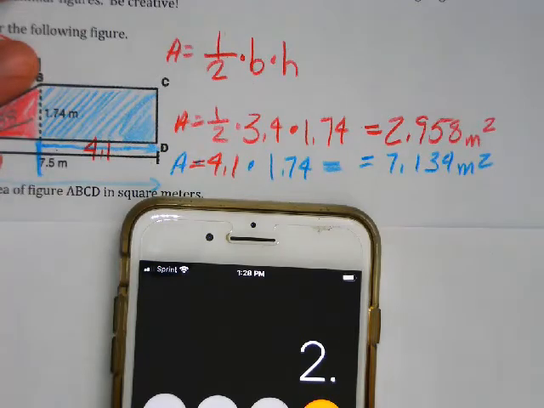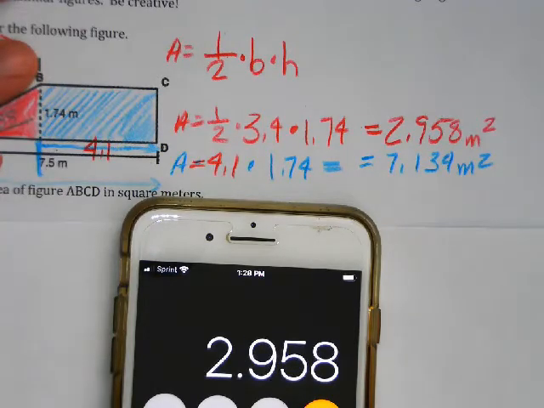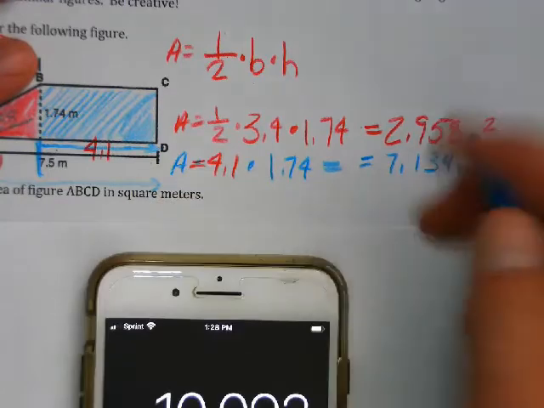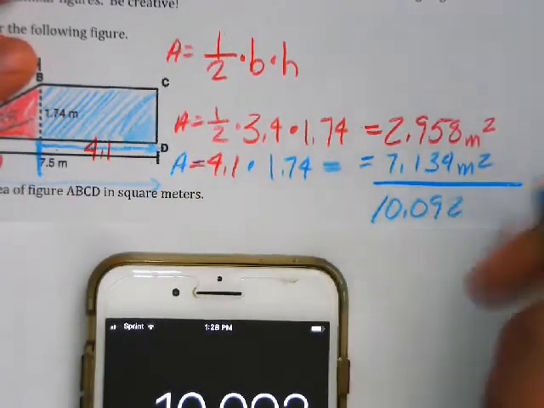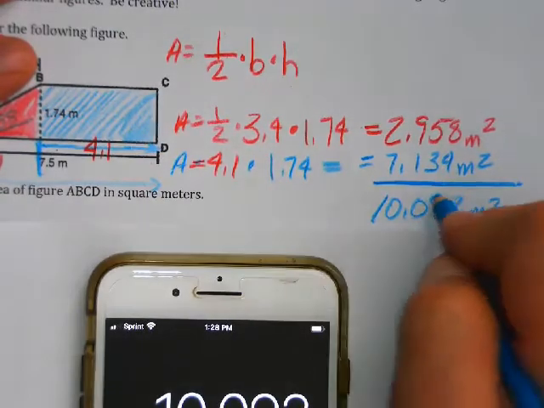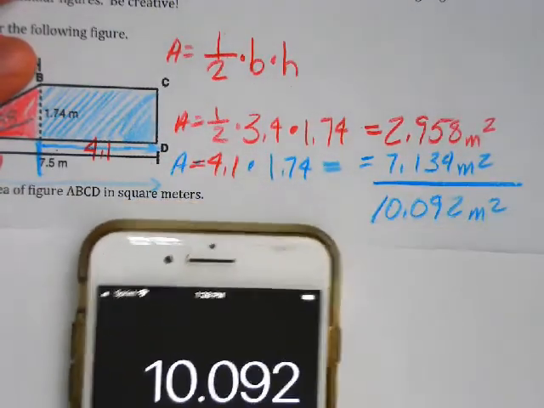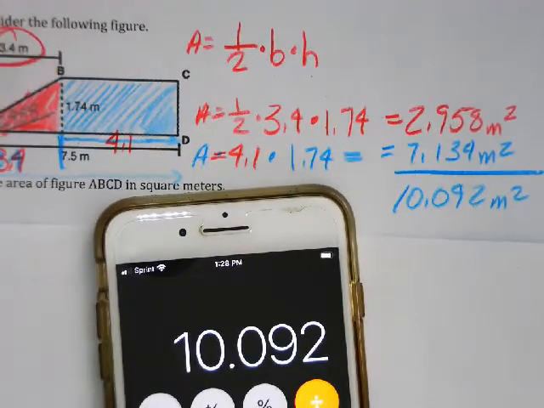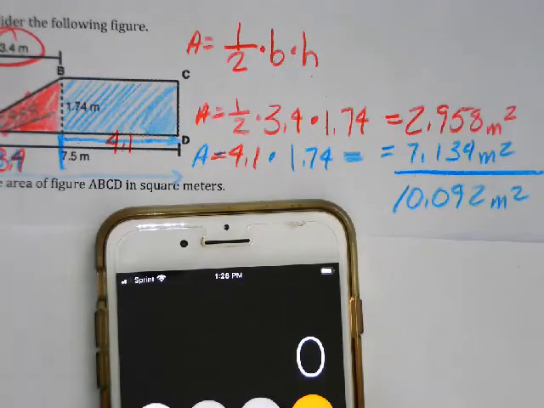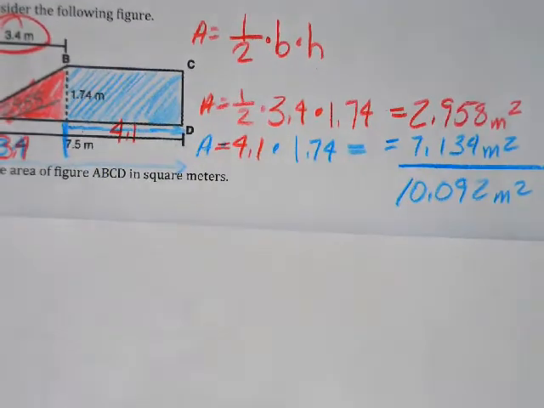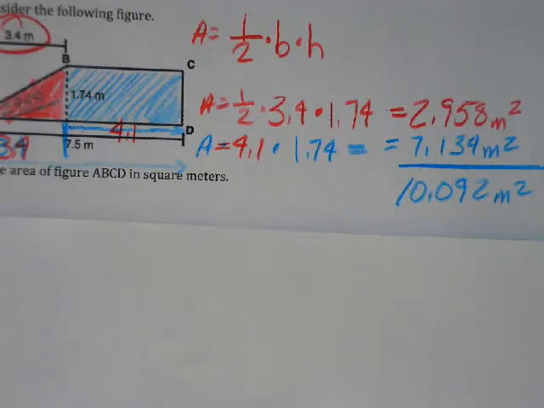That's going to equal, again, it's that time of year where we can use a calculator, 4.1 times 1.74 equals 7.134. And remember, we have two dimensions, and these units are meters, so they're going to be meters squared. So we have the red area is 2.9, the blue area is 7.134, and we need to add those together. So 7.134 is already in my calculator.